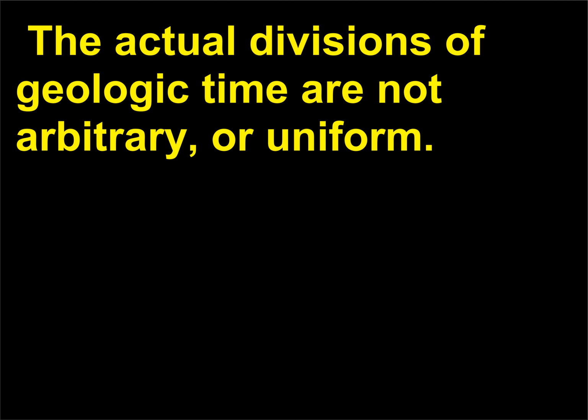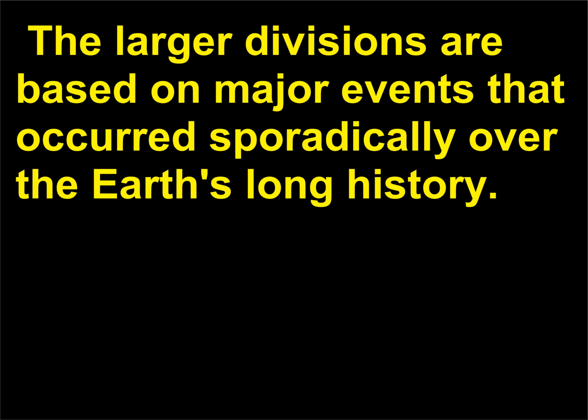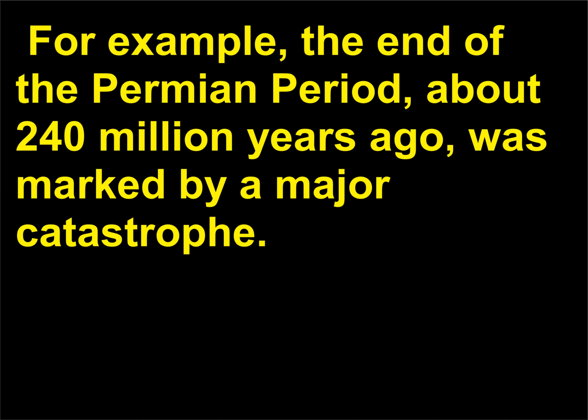The actual divisions of geologic time are not arbitrary, or uniform. The larger divisions are based on major events that occurred sporadically over the Earth's long history. For example, the end of the Permian period, about 240 million years ago, was marked by a major catastrophe.